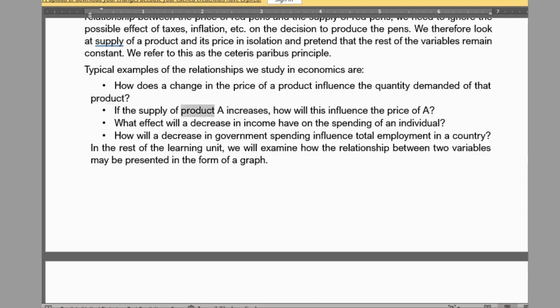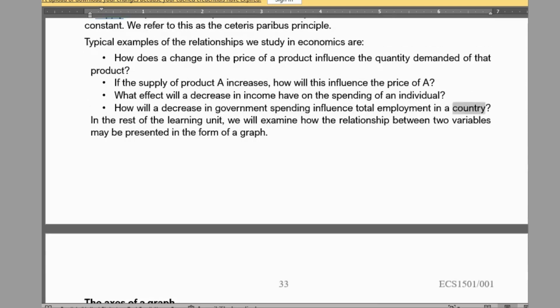If the supply of product A increases, how will this influence the price of A? What effect will a decrease in income have on the spending of an individual? How will a decrease in government spending influence total employment in a country?